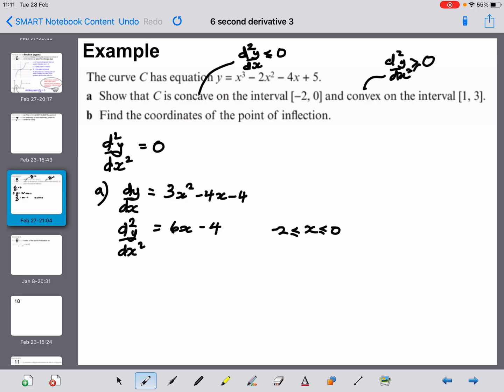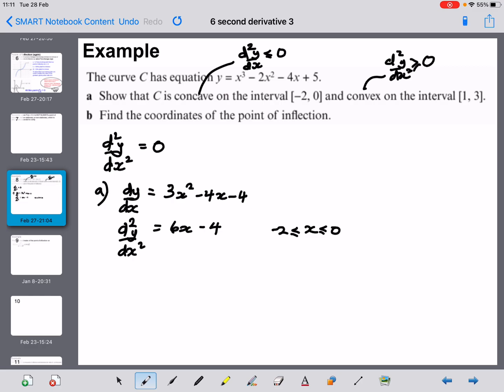And this is just a linear expression. So imagine a straight line, y equals 6x minus 4. Then y will be negative for all values in that interval. If it's negative where x is minus 2, and it's also negative where x equals 0, then it will be negative for all values in that interval.